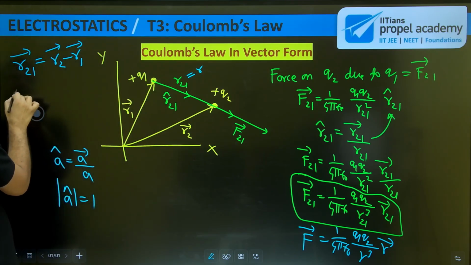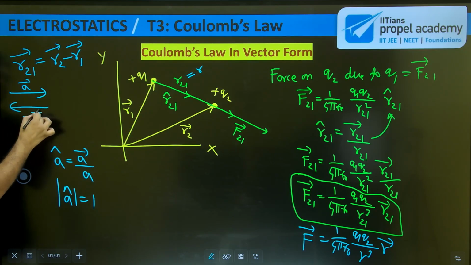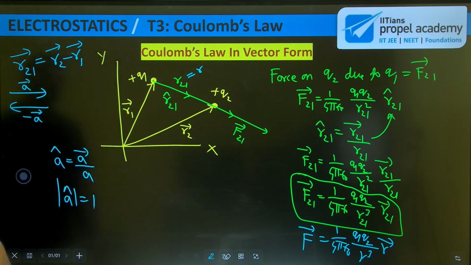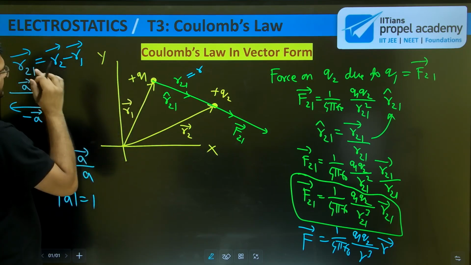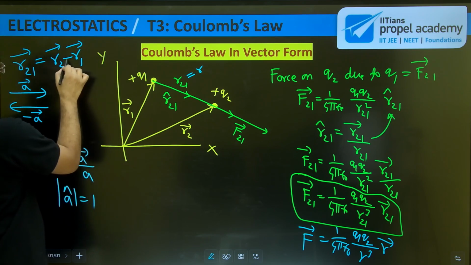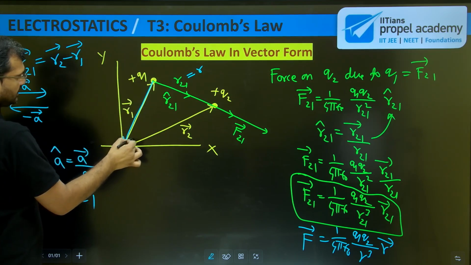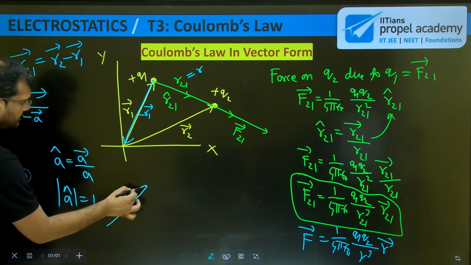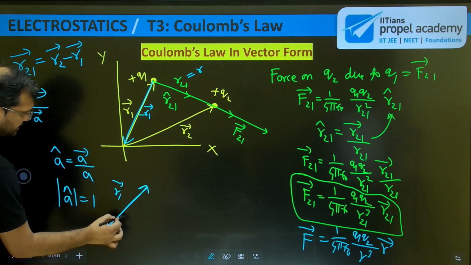If this is my A bar, minus A bar is exactly opposite, with the same magnitude but in the opposite direction. So that's what I will do here. I will do R2 minus R1 bar. For this I need minus R1 bar. So minus R1 bar is exactly this one. This is R1 bar and exactly opposite is minus R1 bar.